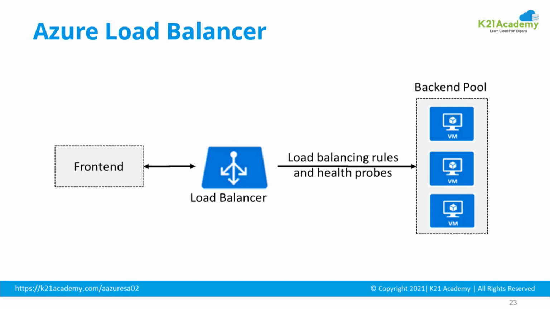And then there are health probes, which constantly monitor whether these backend VMs are up, whether our application is running, and whether the web server or application server listening on these servers is actually responding. If they're not listening, then they are taken out of the load balancing backend servers so that requests are not forwarded to them.